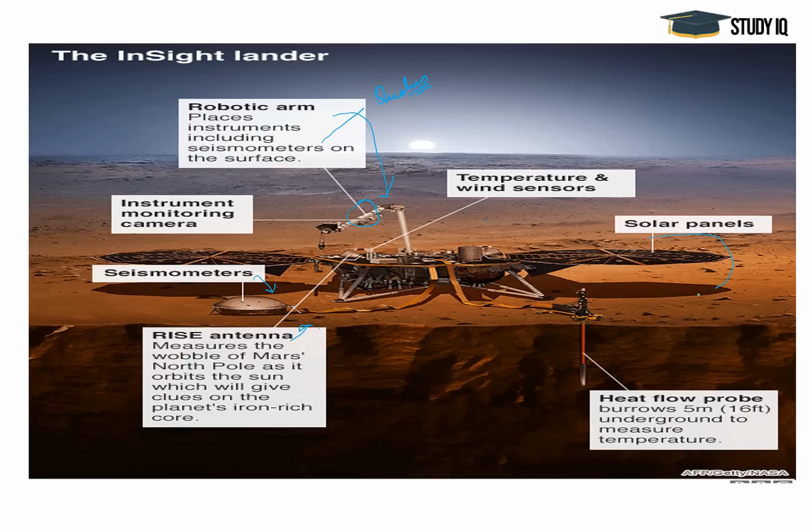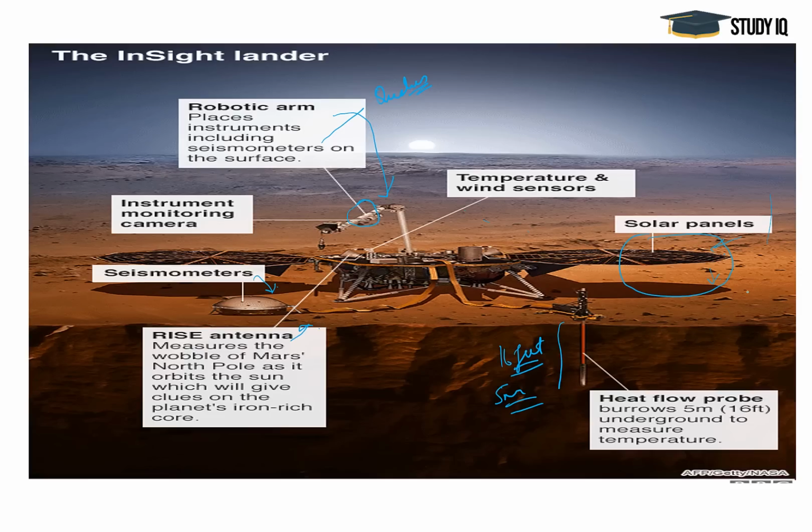There are solar panels which will help to gain energy. This is like the battery of this particular InSight spacecraft. And there is this heat flow probe, which will be buried 16 feet inside the surface of Mars, that is around 5 meters, to study the temperature of the Martian surface.